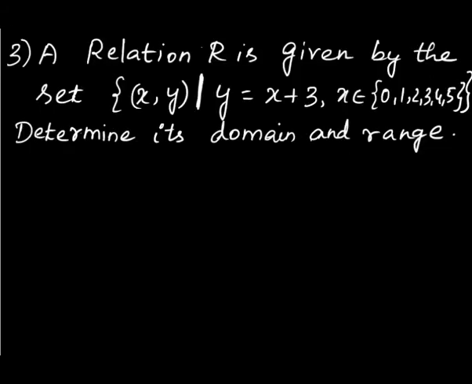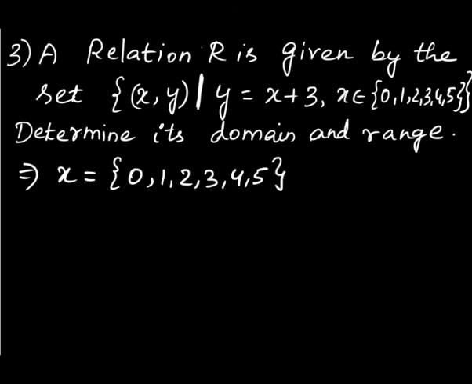Third question. A relation R is given by the set of (x, y) such that y = x + 3 and x belongs to the set {0, 1, 2, 3, 4, 5}. So first we will write the values of x and y. X is given as {0, 1, 2, 3, 4, 5}.